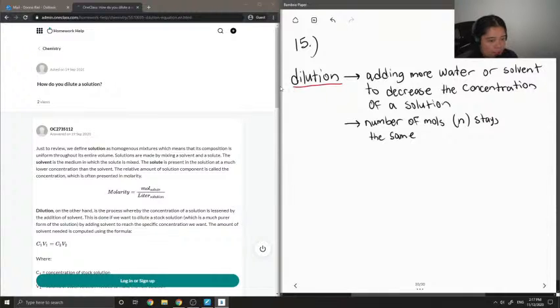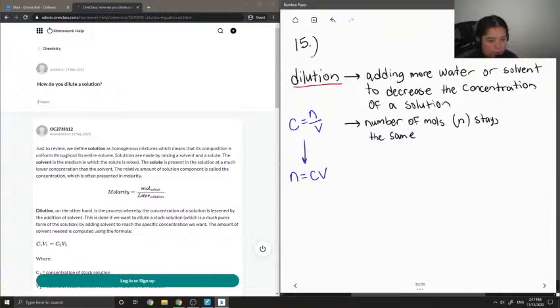So if we know that the number of moles stays the same, if we think about the common equation where C equals n over V, we can rewrite this as n is equal to concentration times volume.